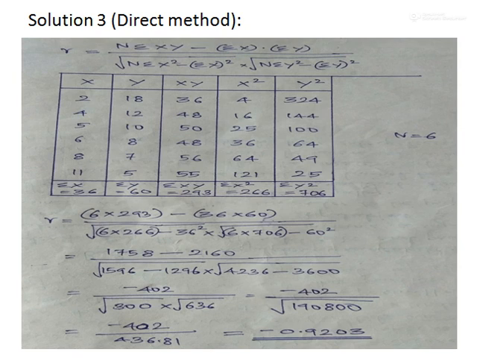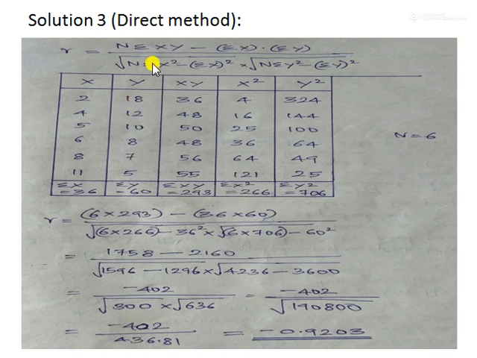Then let us apply the third formula, that is the direct method. Under the direct method, the coefficient of correlation R equals n sigma xy minus sigma x into sigma y, divided by square root of n sigma x square minus sigma x whole square, into square root of n sigma y square minus sigma y whole square.